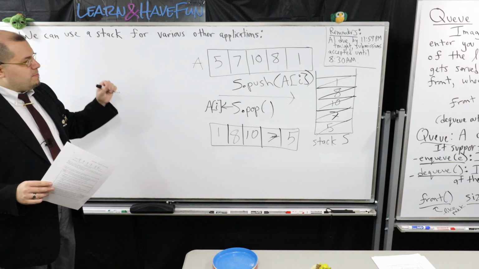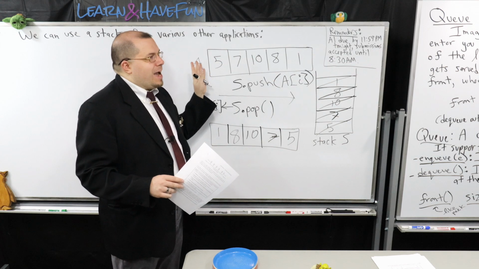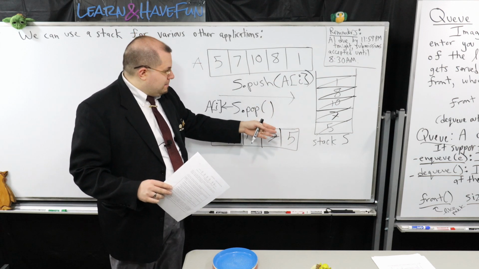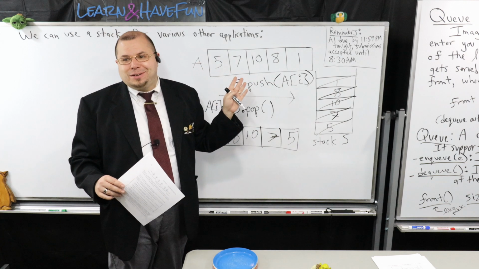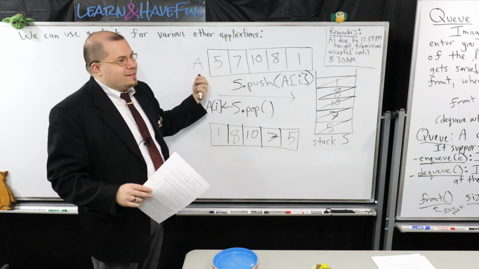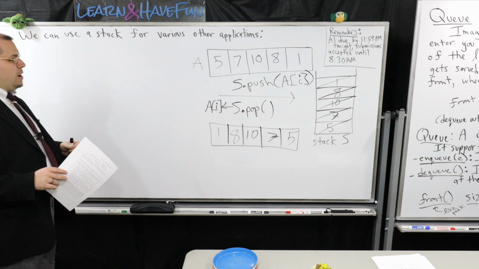The only drawback I could mention is that you would have to naturally have this stack, and it's going to potentially contain every element that's in your original container, right? So that means you may actually have twice as much space you're using when you achieve this. So just keep that in mind.